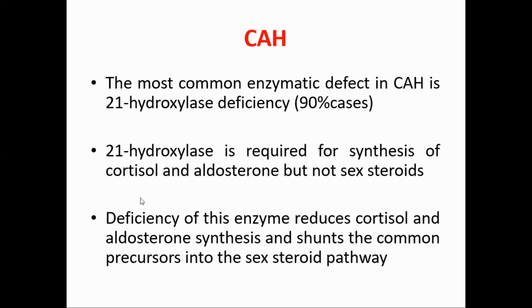What happens then? This 21 hydroxylase enzyme is generally required for the synthesis of mineralocorticoids and glucocorticoids, but not the sex steroids. When glucocorticoids and mineralocorticoids become deficient, because of the deficiency of 21 hydroxylase, the whole mechanism becomes diverted towards the synthesis of sex hormones. So first, the 21 hydroxylase enzyme becomes deficient.